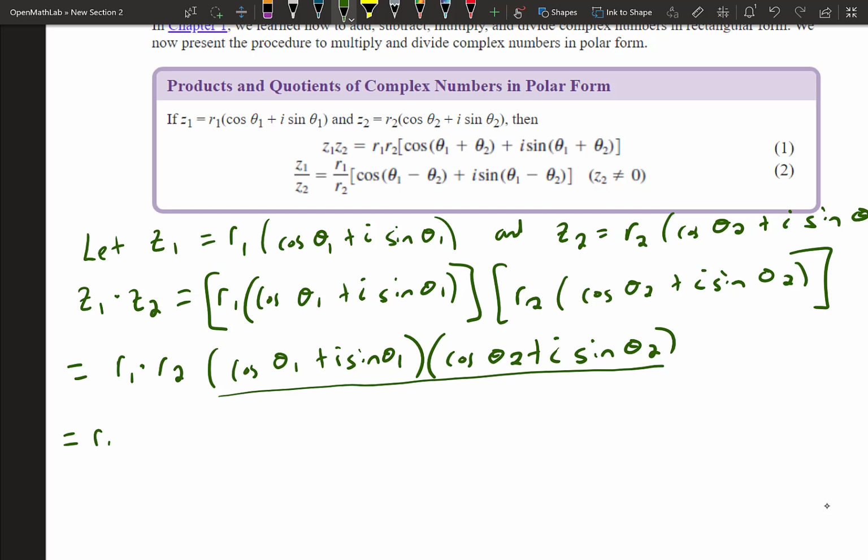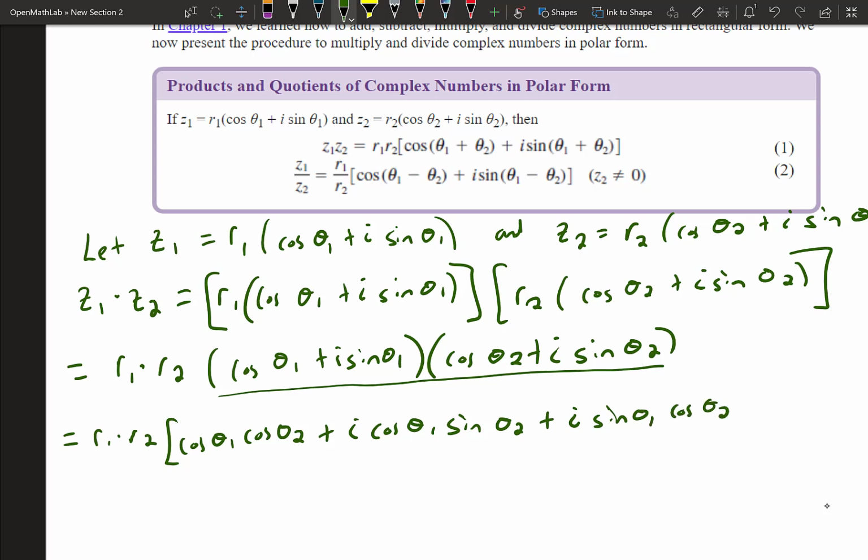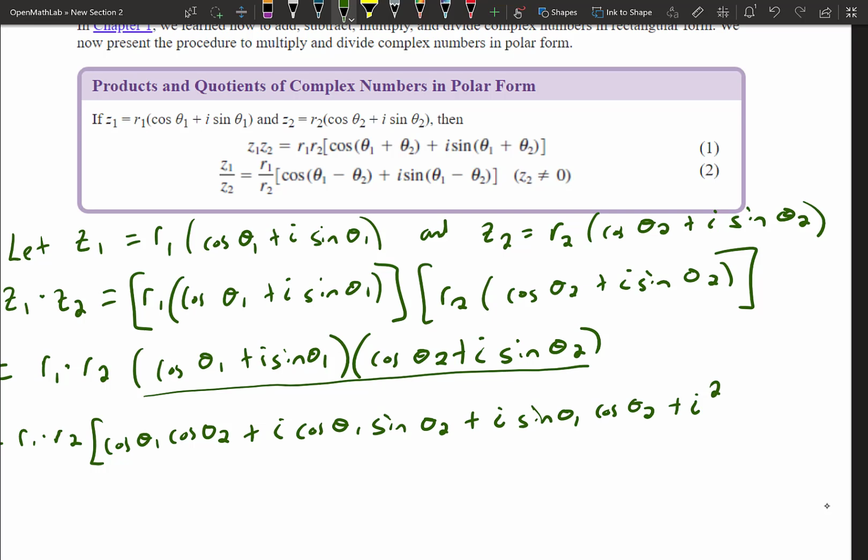So this would be r1 times r2, and then we'd have times cosine theta 1 cosine theta 2 plus i cosine theta 1 sine theta 2 plus i sine theta 1 cosine theta 2 plus, and then lastly we would have i squared times sine theta 1 sine theta 2.